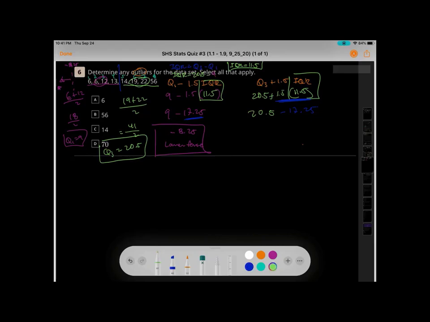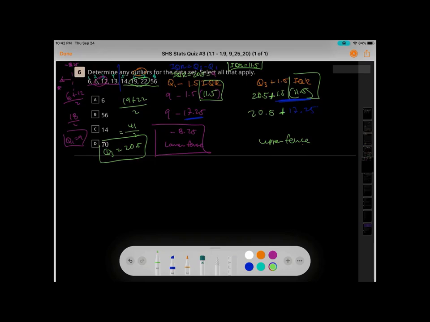So if you subtract those, you will get an upper fence to be 20.5 minus 17.25, 3.25. That doesn't make sense. I don't know why I subtracted, because I should have just added. It didn't make sense because I got 3.25, and that would be a super low number. That means all the numbers would be outliers.